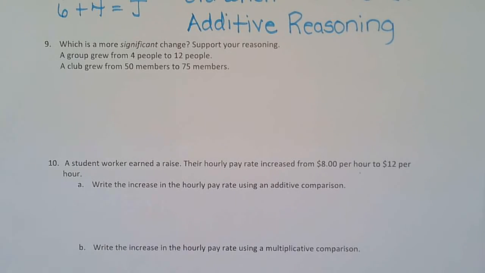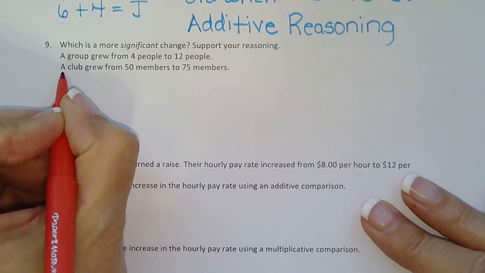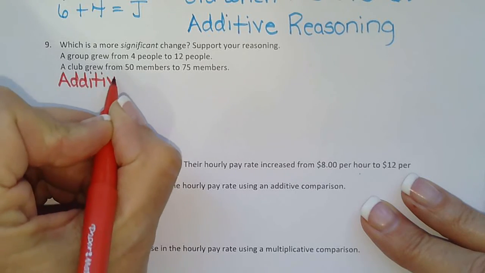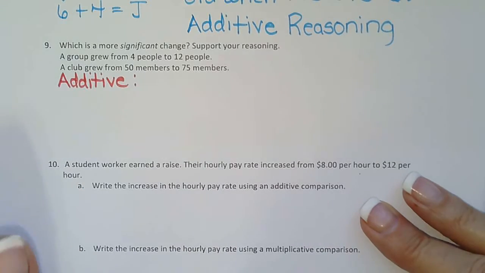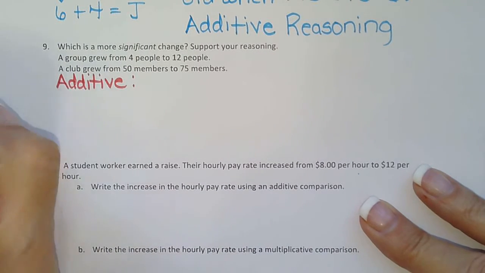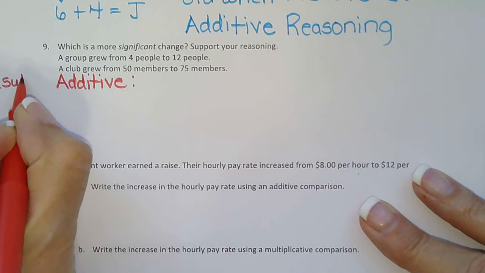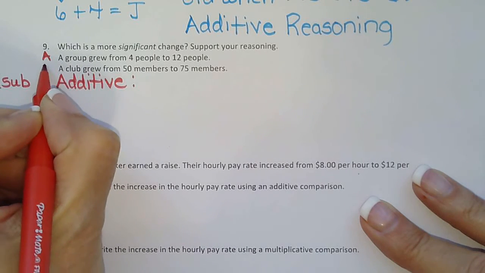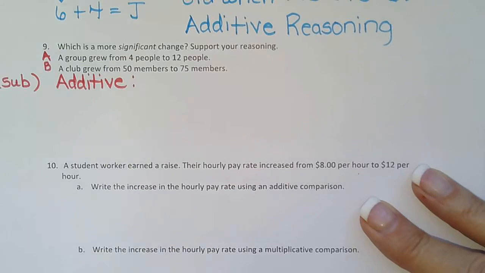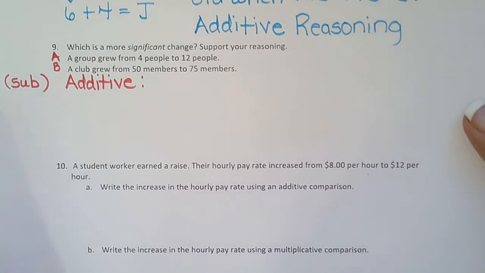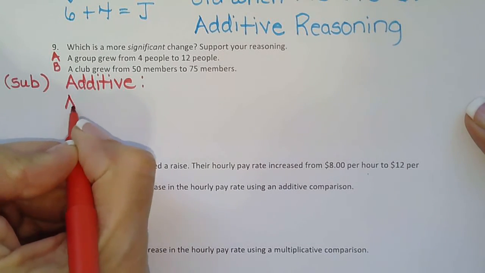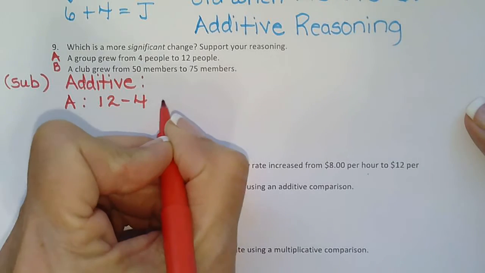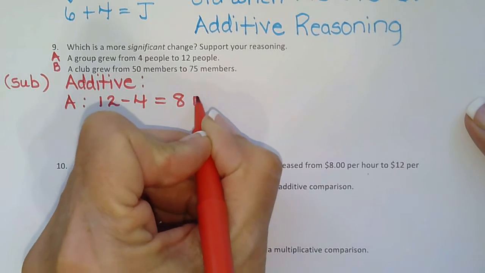So let's talk about it additively first. Additively, remember how we learned you always subtract? So we'll call this group A, we'll call this group B. We're going to subtract. Group A is 12 minus 4, which is 8 more people.